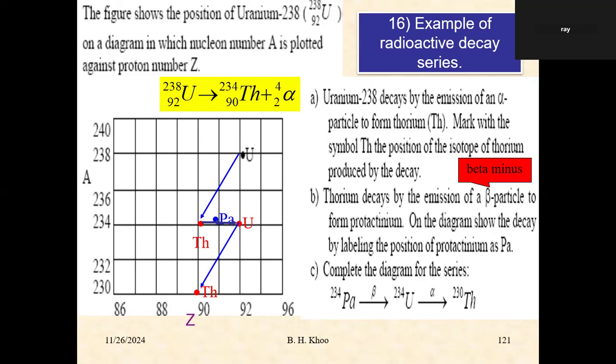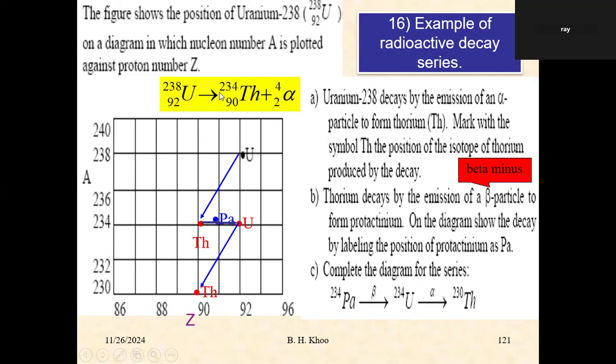Okay or not? Anything not clear or anything you want me to explain? This alpha, your A decreases by 4, your Z decreases by 2, from 92 to 90.